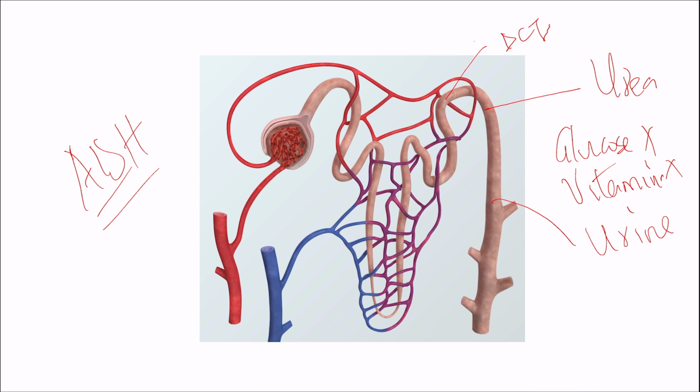Once the antidiuretic hormone gets to the distal convoluted tubule, the tubule becomes more permeable to water. As a result, there will be increased, maximum reabsorption of water in order to dilute the blood, to lower the osmotic potential of the blood to normal. That leads to production of low amounts of highly concentrated urine.